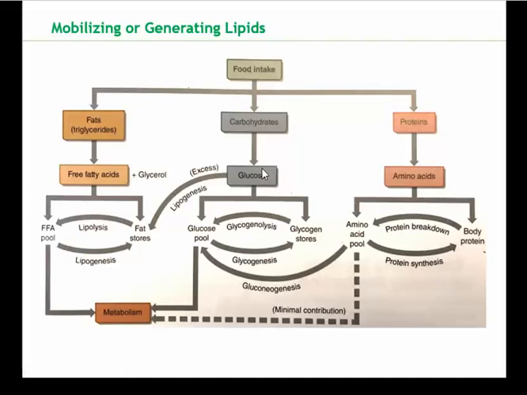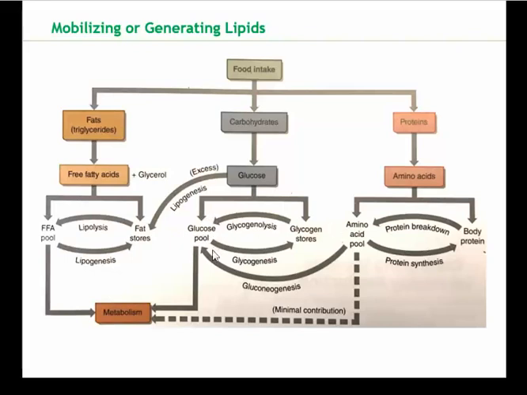Carbs, we know, are broken down into glucose. And if there's excess glucose in our body that's not used, that goes through lipogenesis, which is the formation of lipids, which go into our fat stores. We can also store glucose as glycogen, so glycogen storage in our muscle and our liver. And then we also have a glucose pool, which is the circulating blood glucose in our body.